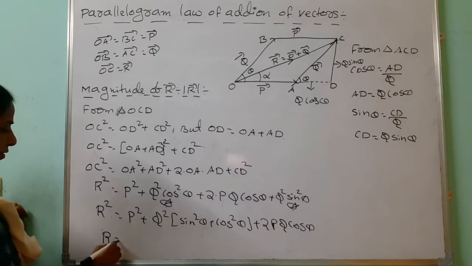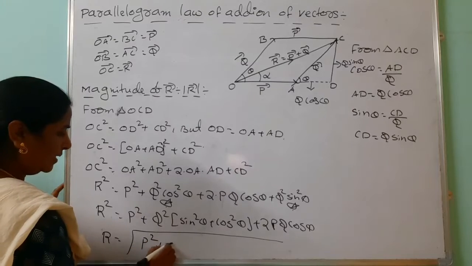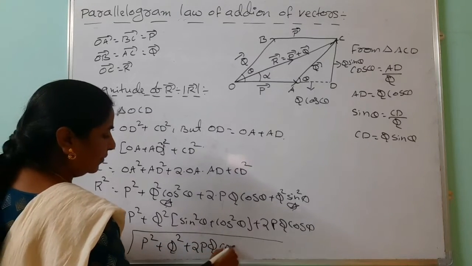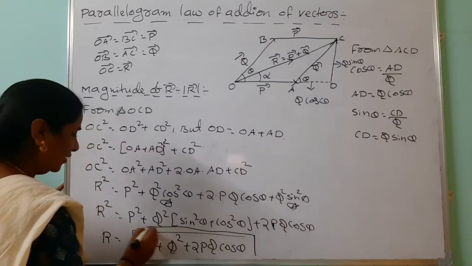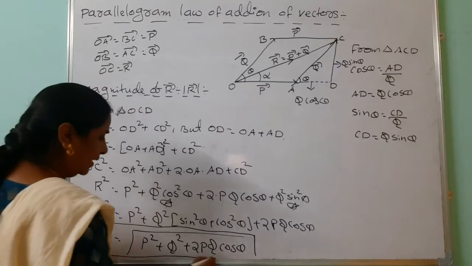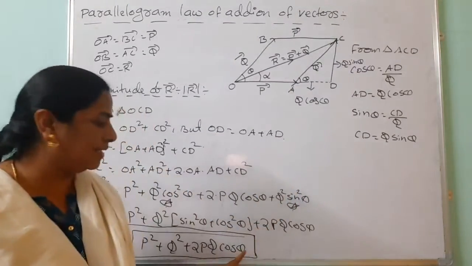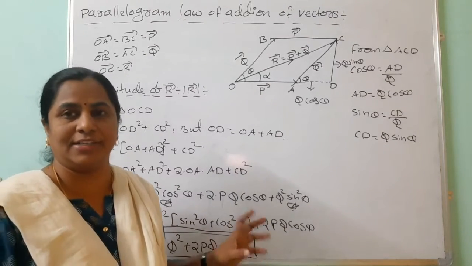Then R equals under root P square plus Q square plus 2PQ cos theta. This is the magnitude of the resultant. This is the formula to find the magnitude according to the parallelogram law of addition of vectors.